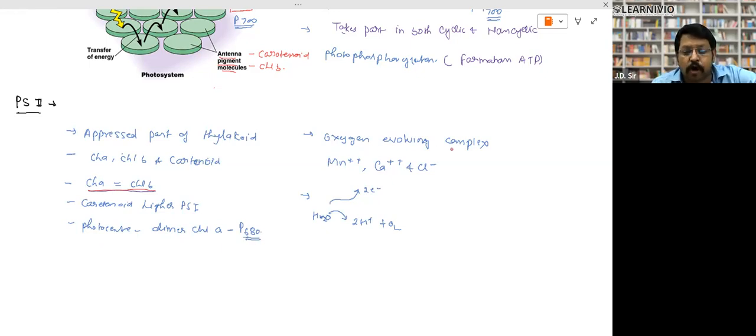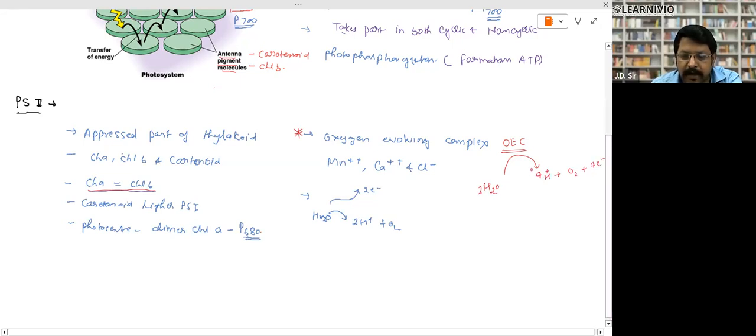It has the oxygen evolving complex, which helps in the evolution of oxygen. That is very important. Oxygen evolving complex is, in short, called OEC. What is the function of the oxygen evolving complex? This oxygen evolving complex is responsible for breakage of the water molecule, 4H plus, O2 plus 4 electrons, right?